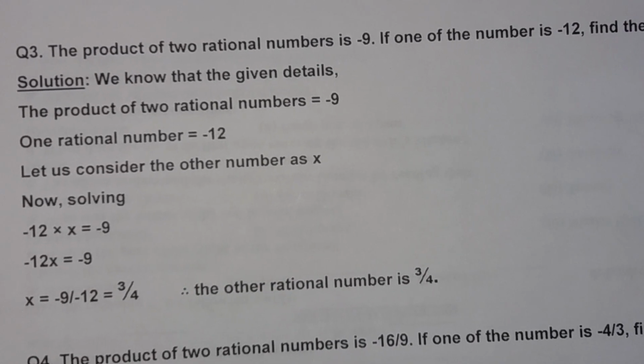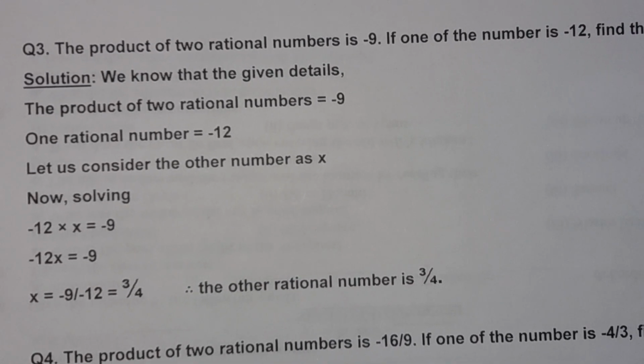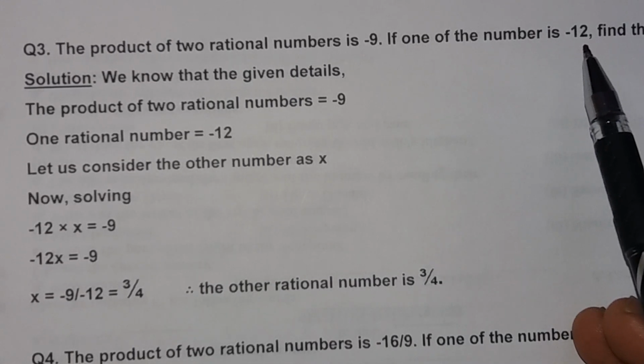That means the product of two numbers is given as minus 9. That means when we multiply two numbers, it will become minus 9, and here one number is given, minus 12.